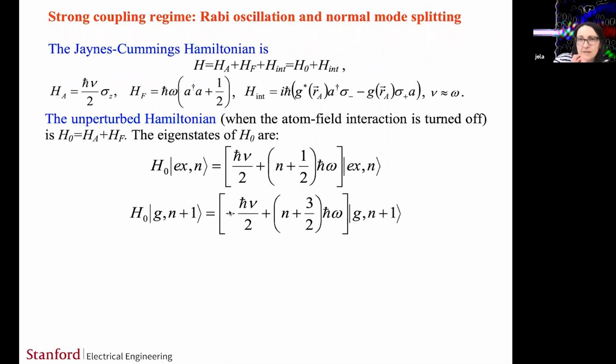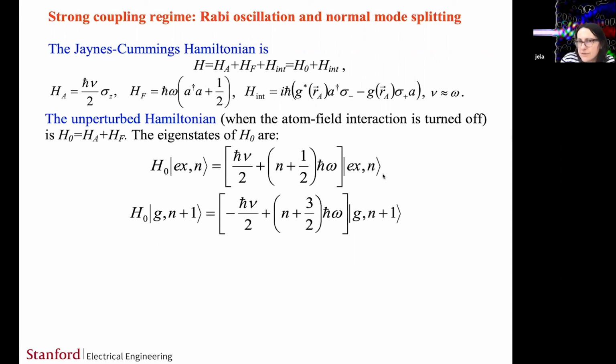So these energy eigenstates of the system where atom and field are decoupled are described by a Hamiltonian that has only atom and field, no interaction. You turn the interaction off. Energy eigenstates of that would just be combinations of the atomic and field eigenstates. For example, you have Ex, which is the atom in the excited state, and N photons in the field.